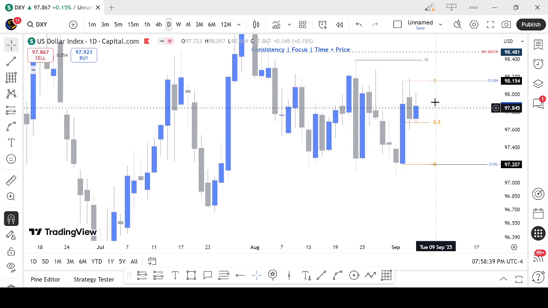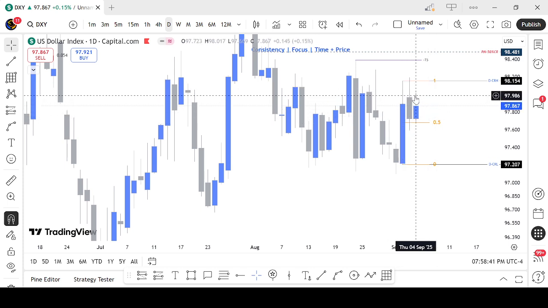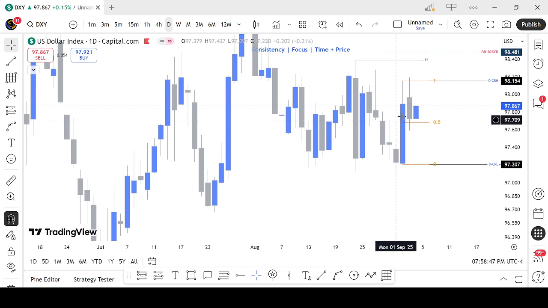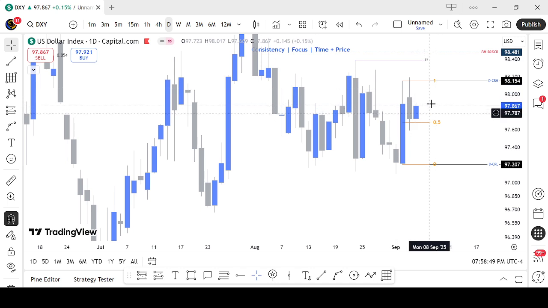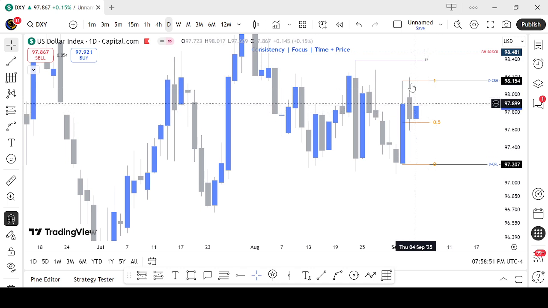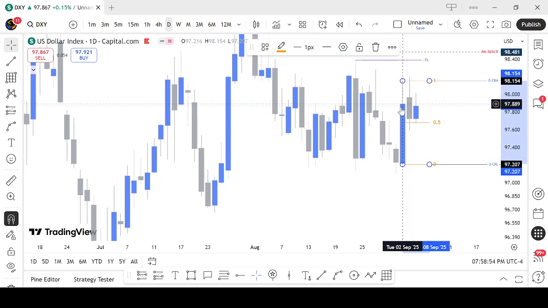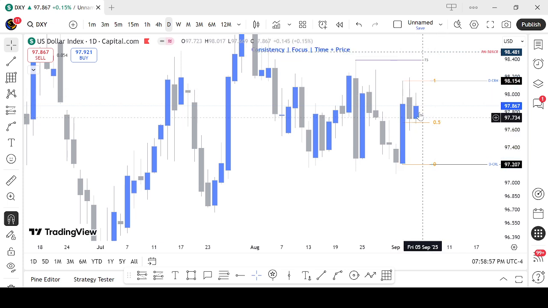If we are buying, we want to buy at discount, and if we are selling, we want to sell at premium. So where is price actually trading now according to this CRT candle? We are still in premium.